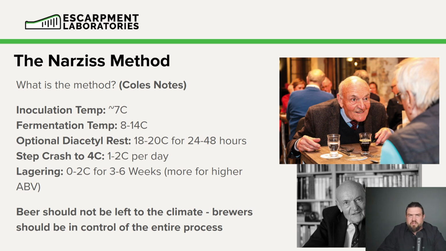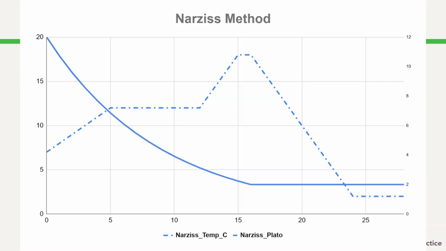Some a bit faster, some a bit slower. Lagering then occurs between 0 and 2 degrees Celsius for 3 to 6 weeks, more for higher ABV beers. He believed that beer should not be left alone to the climate. Brewers should be in control of the entire process. If it's colder outside, you should still be in control of your beer. And here's what the Narziss method looks like. Again, you can come back here and refer to it at a later point if you want.